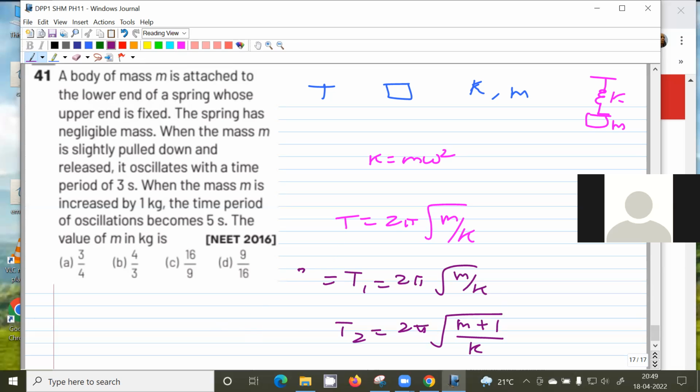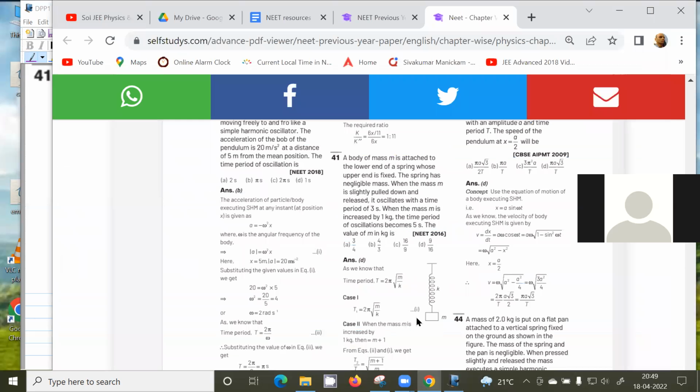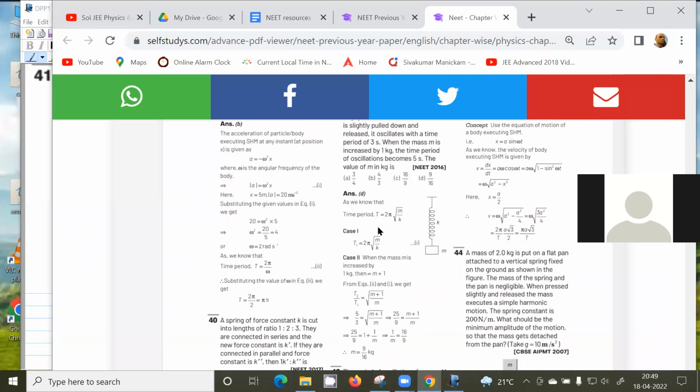If we divide these two, 960. Option D. Yeah, it's D.